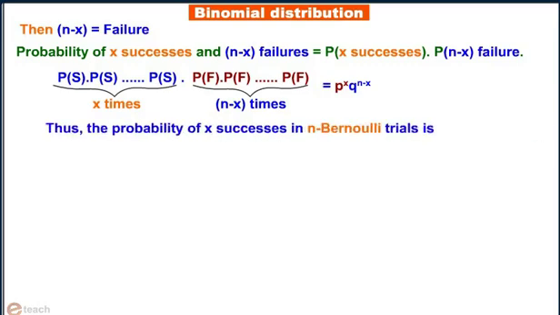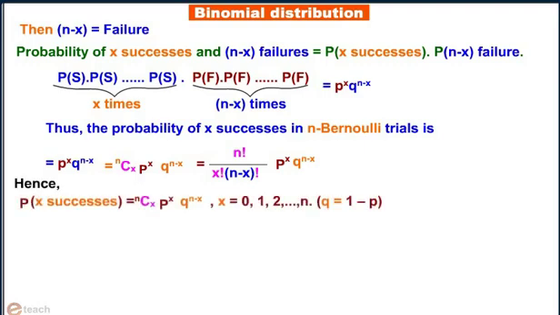Thus, the probability of x successes in n Bernoulli trials is equal to nCx into p to the power x into q to the power n minus x, which is equal to n factorial divided by x factorial into n minus x factorial, into p to the power x into q to the power n minus x.